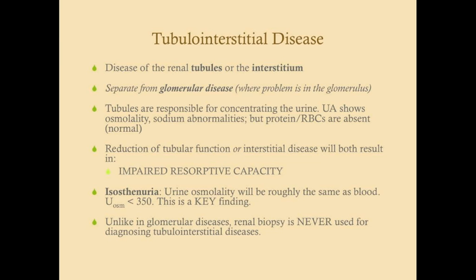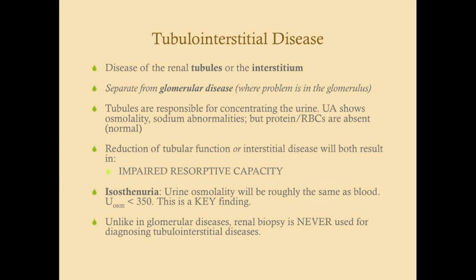Tubulointerstitial diseases are in general the diseases that affect the renal tubules and the interstitium. So this is separate from the glomerular diseases, which is where the problem is in the glomerulus itself. Tubules are responsible for concentrating the urine.